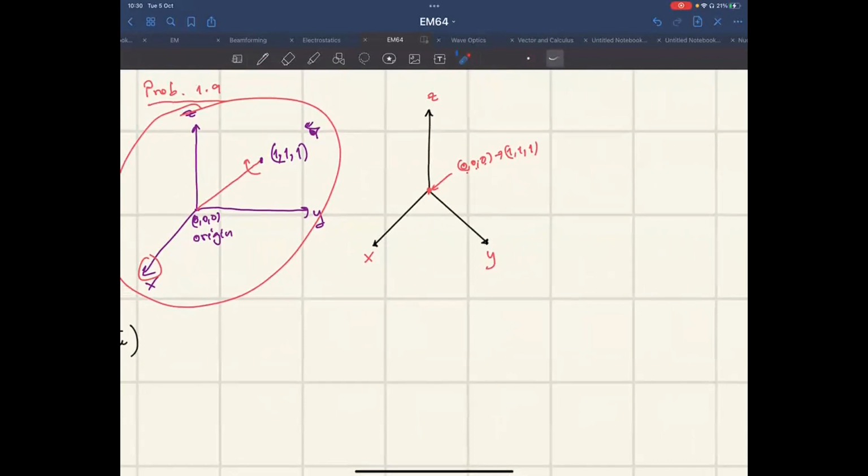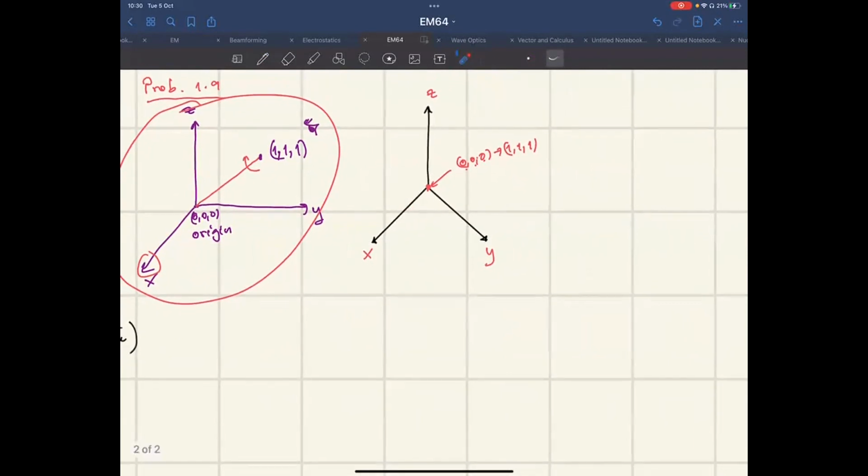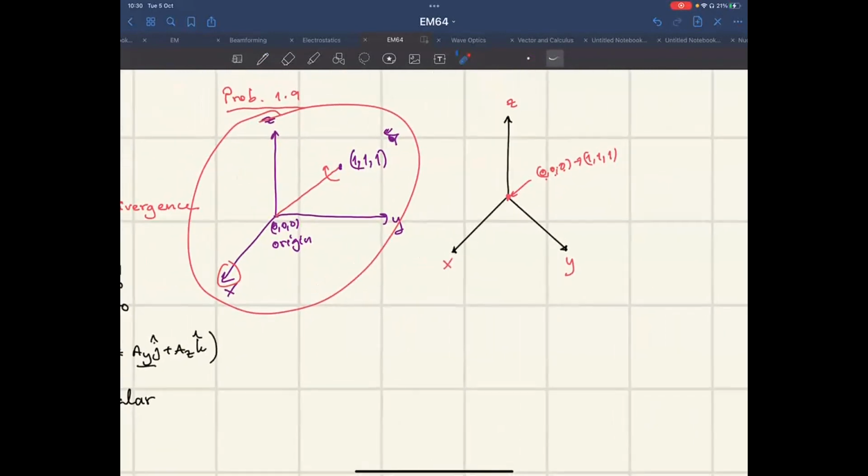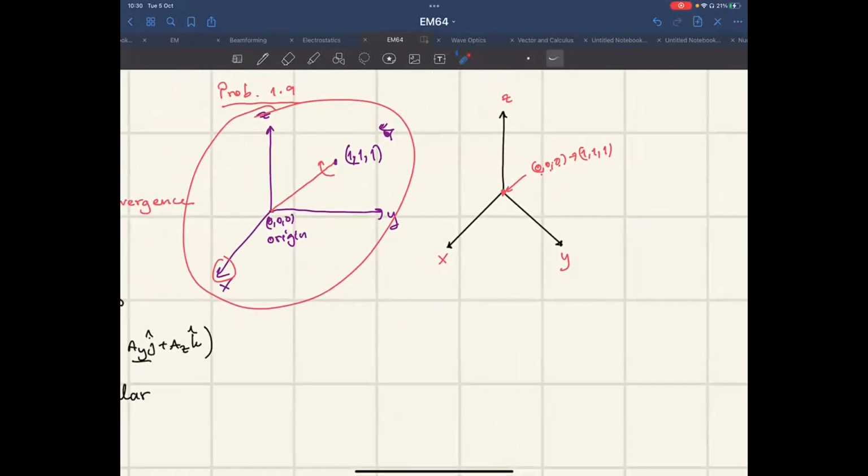Now we rotate it 120. The x-axis will rotate 120, and the other one rotates 120, and the other one rotates 120. Any questions? Before we rotate it, let's take a look at this system carefully.